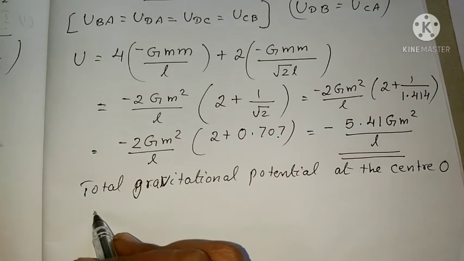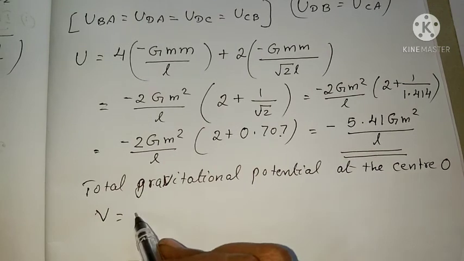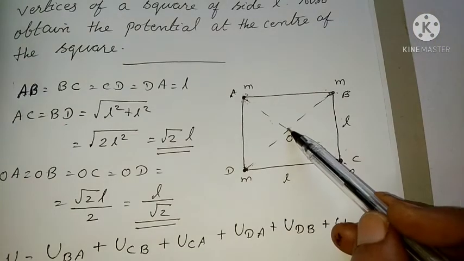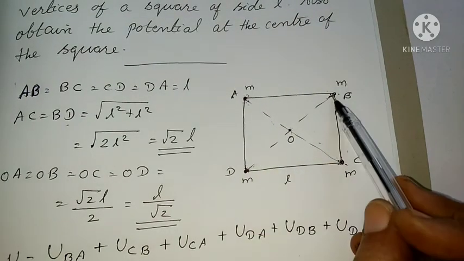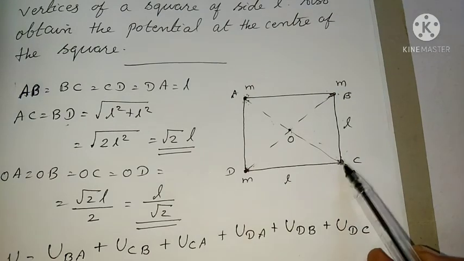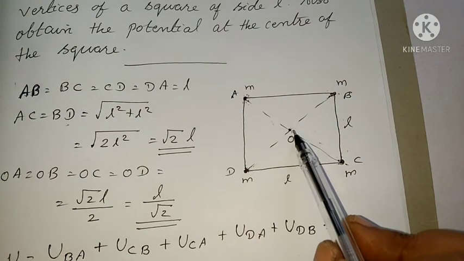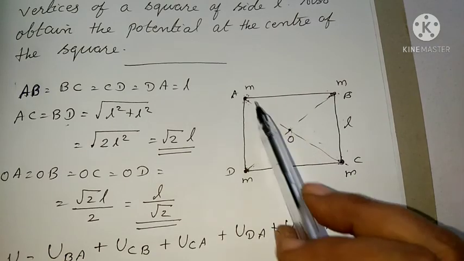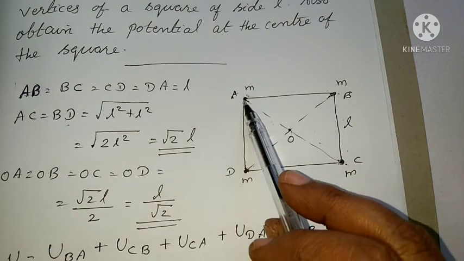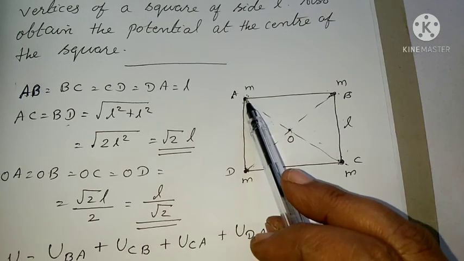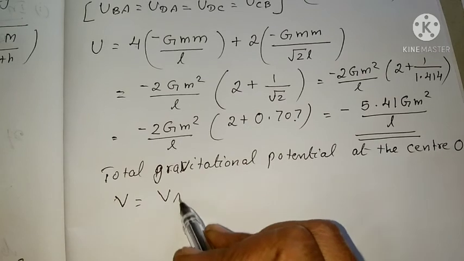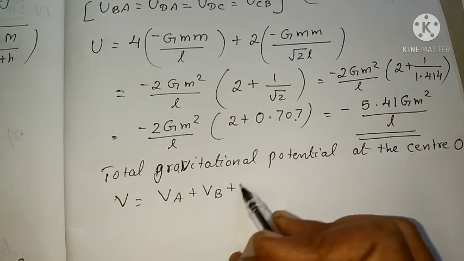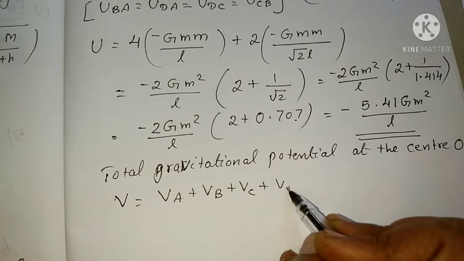So we can write total gravitational potential V equal to the potential at the center O due to the mass at A, due to the mass at B, due to the mass at C, and due to the mass at D. So V equal to VA plus VB plus VC plus VD.